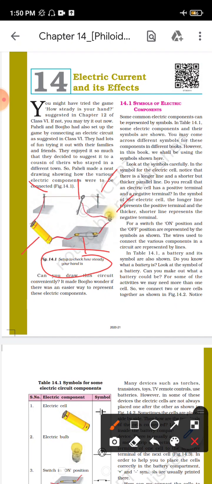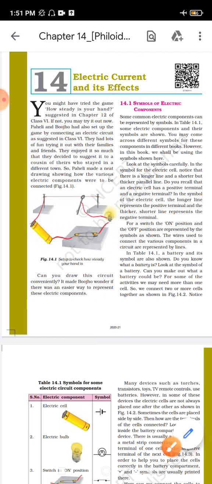Okay, so this connection is made in such a way that you have to move this key from one end, from end A to end B without touching the thin wire. Okay, if the wire is touched by the key, then this bulb will glow and you will be out. Okay, so this is how you can play this game.